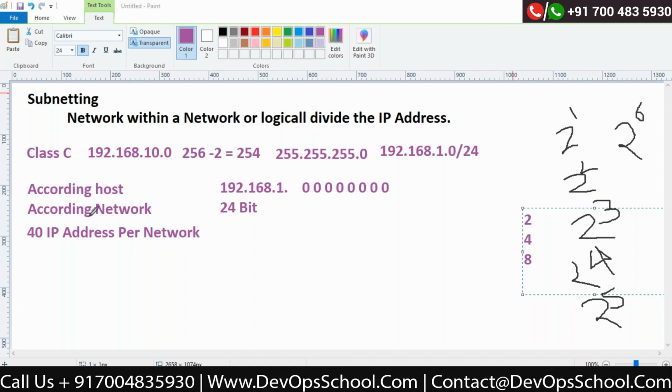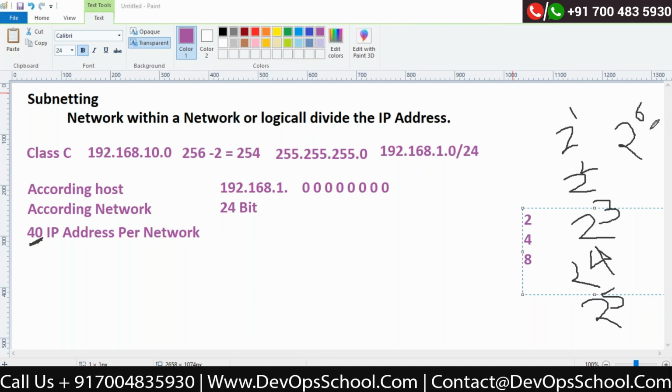Yes, this could help us because I'm getting 64 here, and that is way ahead actually. I'm getting 24 more IP addresses, but I serve my purpose. So if I do 2 raised to 6, I would get 40 IP addresses, or more than 40, but it is not 32. Correct?